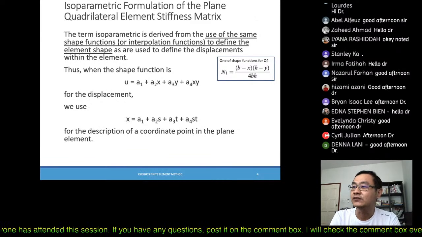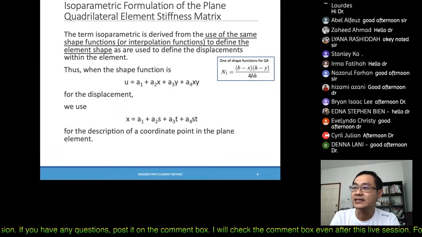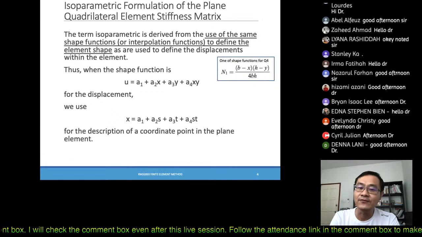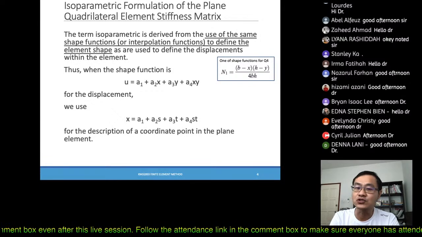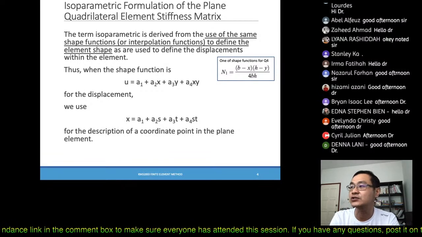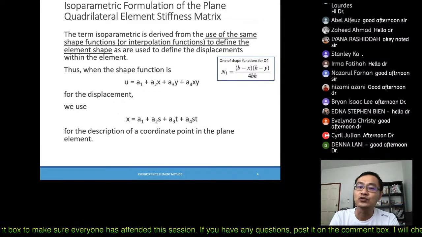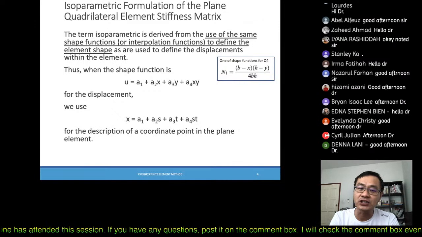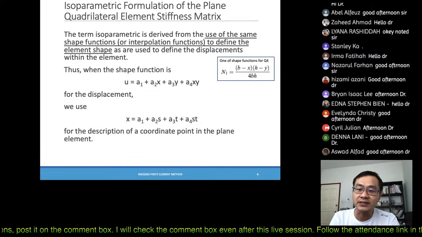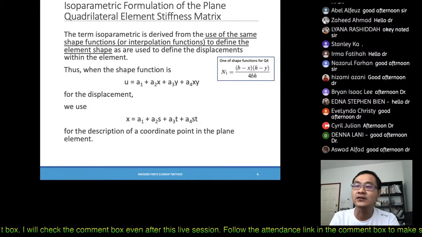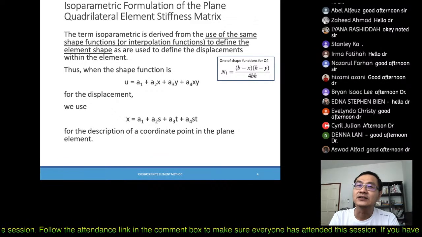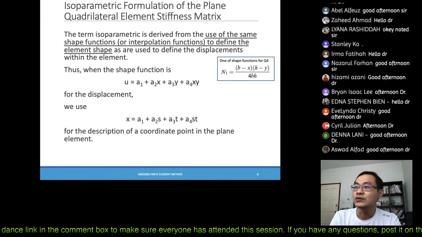Here, the term isoparametric comes from the word iso, which means the same, and so it has the same parameter, so it's parametric. It's related to the use of the same shape functions, the interpolation functions that we have discussed, and I have stressed it from the beginning of the chapters of this course.